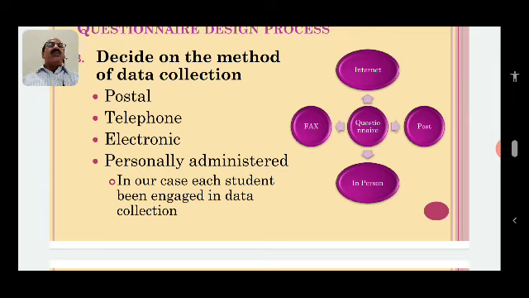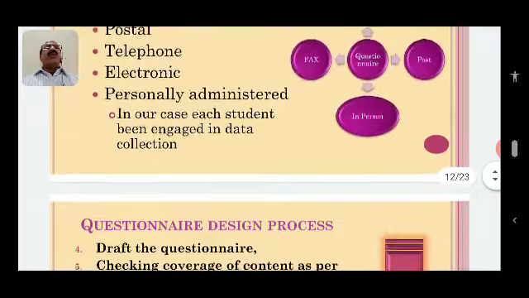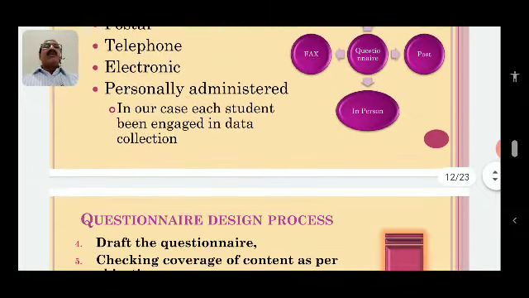In our case, we have all gone to the field. All the scholars have collected data through a set of questionnaires, and it has been administered in person. So likewise, the data is basically collected.